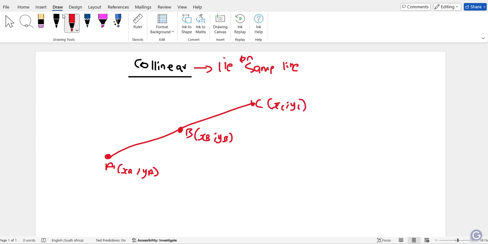Now, the slope of a line is constant throughout because the line is straight. If I take the slope between point A and B, mAB, let me just use C since it's a constant which we are used to using.